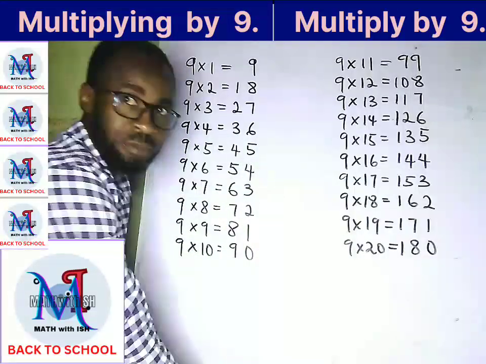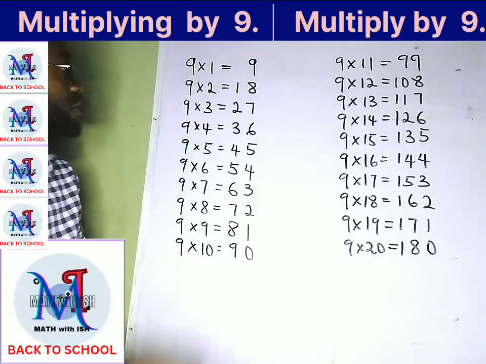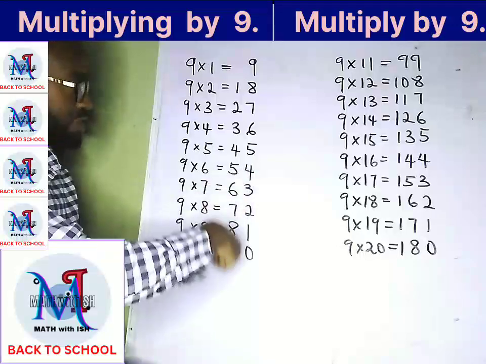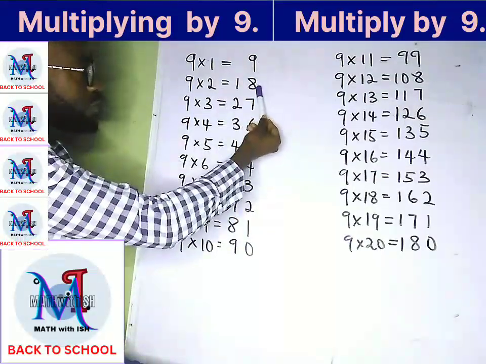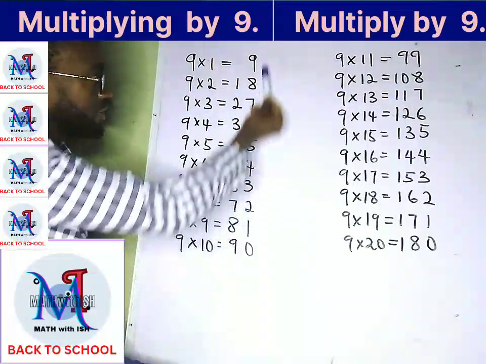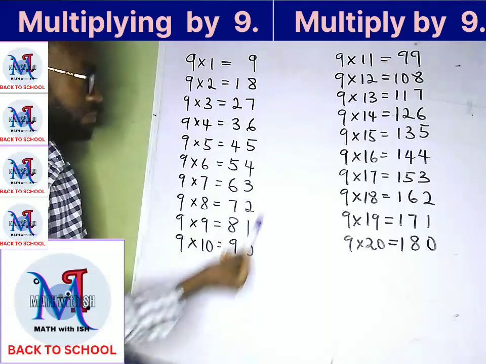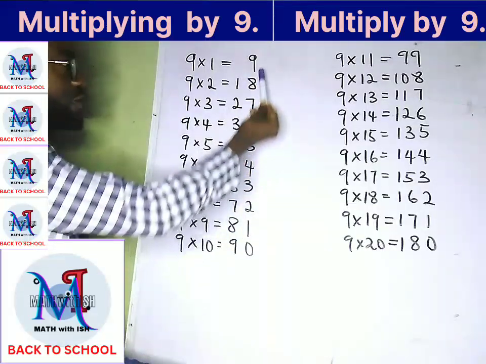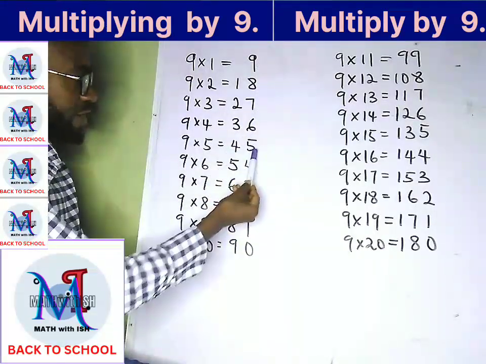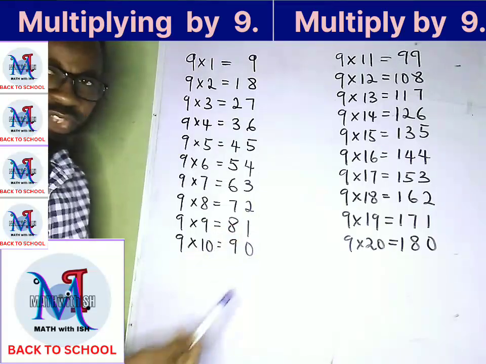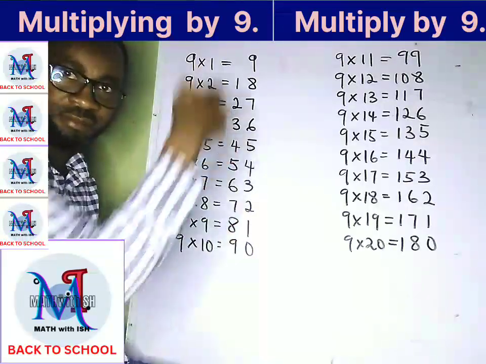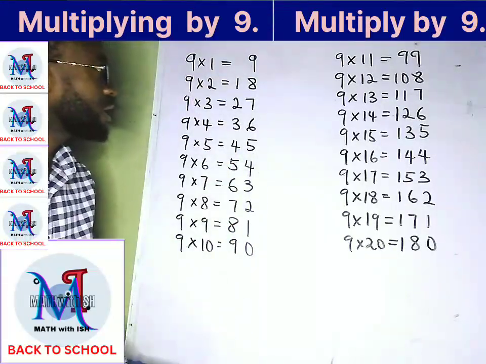Now, if you look at this pattern here, you will see that there's a pattern portrayed in the last digits. You can see 9, 8, 7, 6, 5, 4, 3, 2, 1, and 0, which means that the number is descending from 9 downwards.